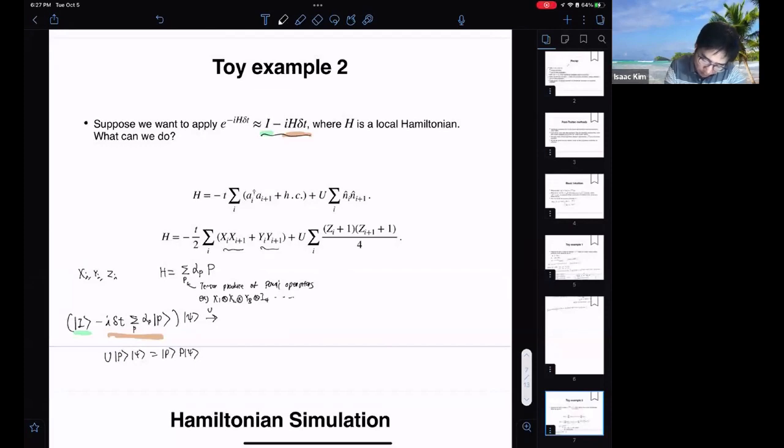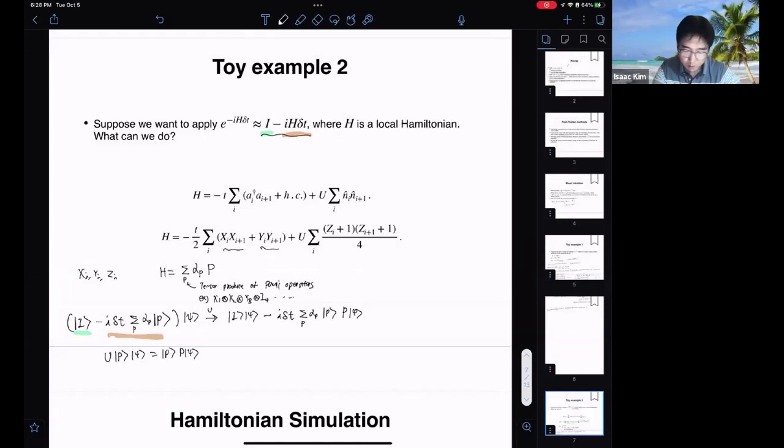So when you do that, what you end up doing is apply I psi minus I delta t alpha p psi.